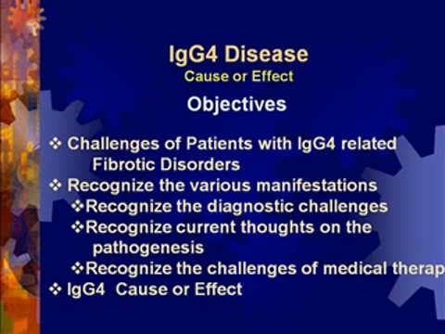Treatment initially is very easy in terms of starting them on steroids, but a lot of these patients are resistant to therapy, and that is where the challenge comes as to what do you do next and when do you do it. And in addition to this, the problem is that a lot of these patients, the disease reoccurs.